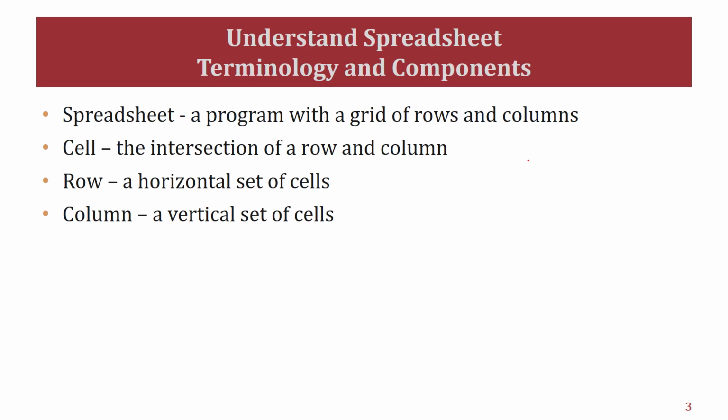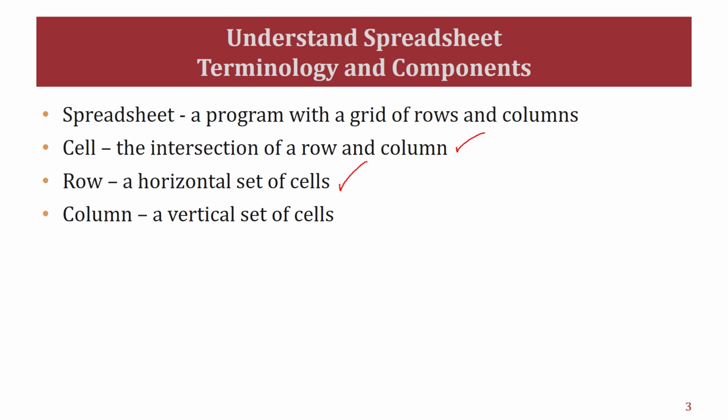Now, rows and columns, when they intersect, form what we would call a cell. A cell is a unique data point within a spreadsheet because it has a unique location in terms of its row and its column. There's only one intersection that has that row vector and that column vector. A row, for example, is a horizontal set of cells.